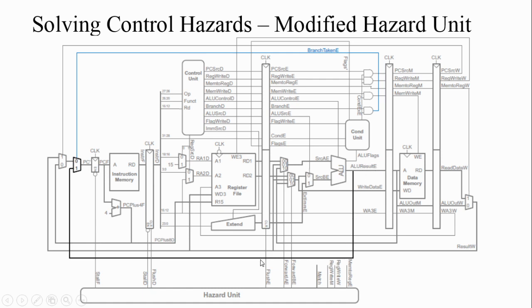That branch address will be taken from here and should be given to the PC for the branching operation. So for giving that input also to the PC, you are adding one more multiplexer here, and this multiplexer is controlled by the branch taken E control signal, right? So you are adding one more signal known as branch taken E. The branch signal will be used for generating that signal.